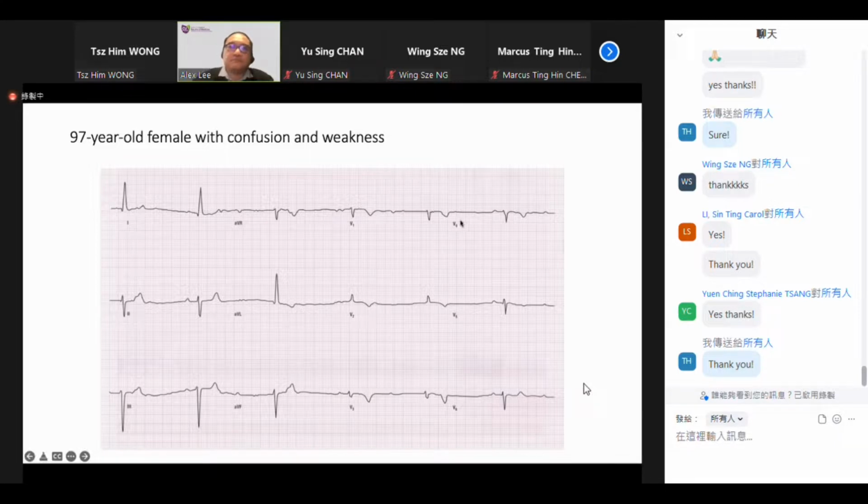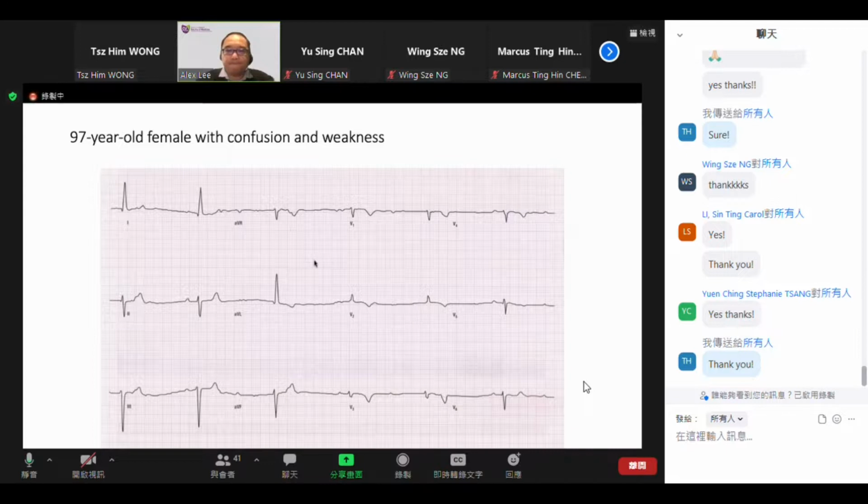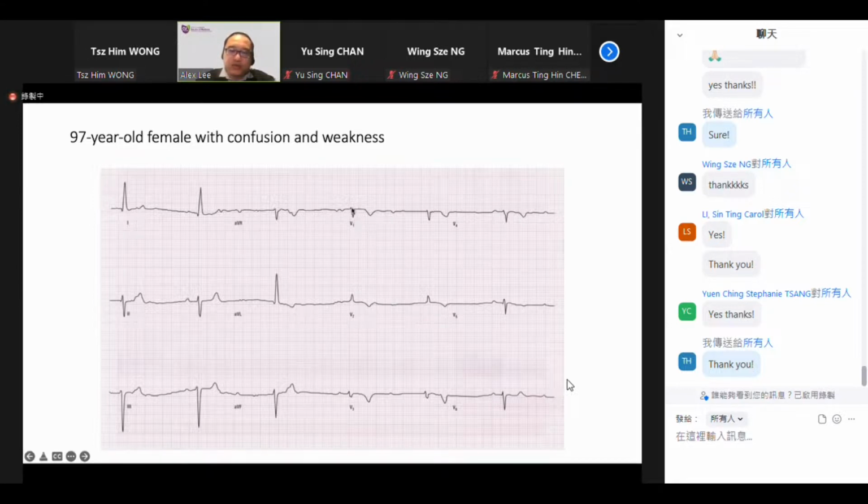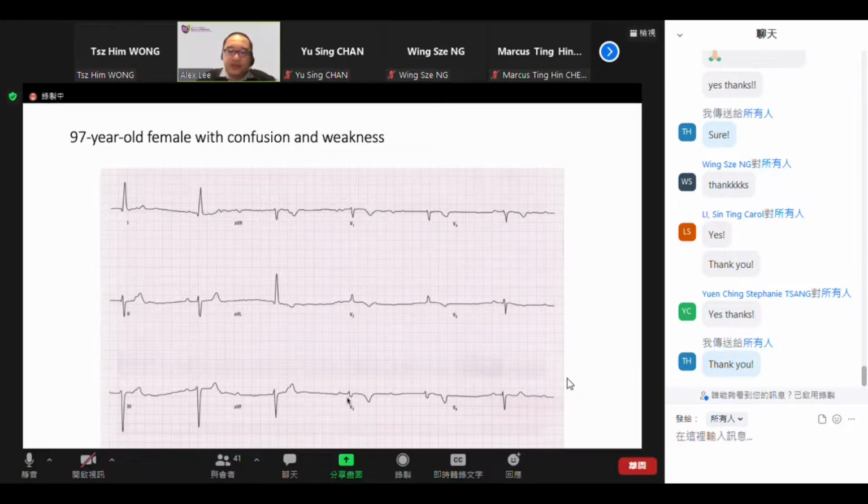Normally in R wave progression there is a predominant S in V1 and then a predominant R in V6, and there's a transition where R and S waves are equal in V3 and V4.